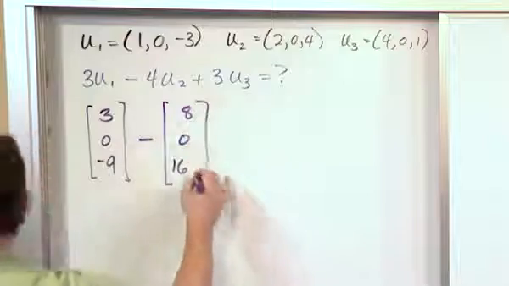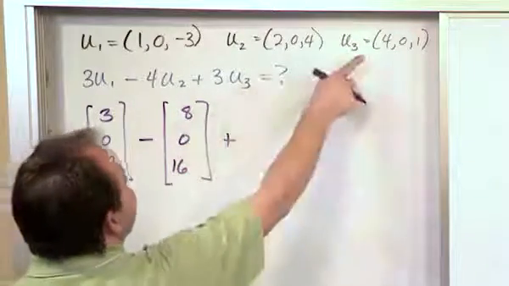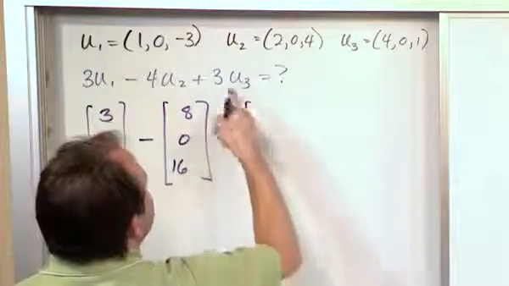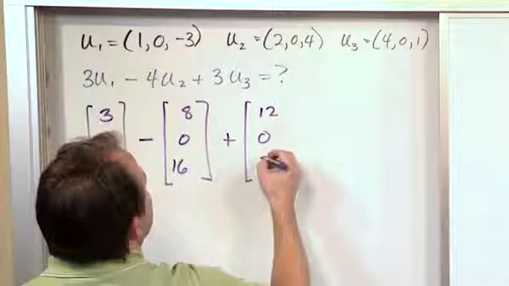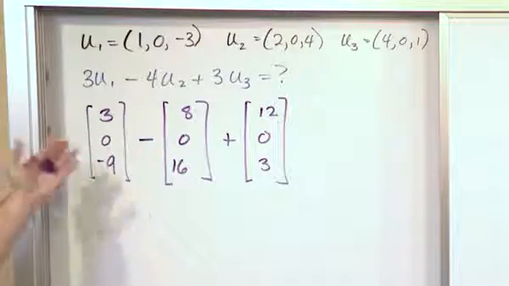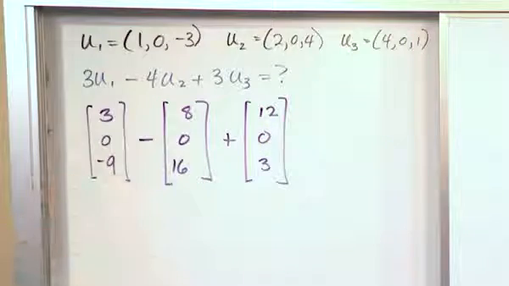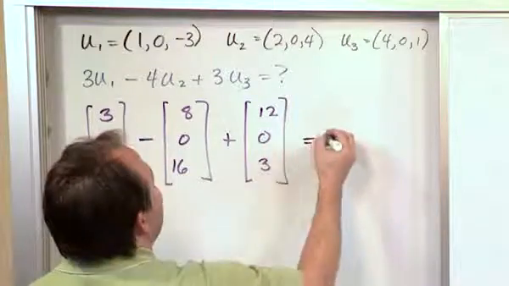Then we add 3 times u3: 3 times 4 is 12, 3 times 0 is 0, 3 times 1 is 3. So here we have three column vectors, three n-tuples essentially, and we're doing addition and subtraction with them. We want to arrive at a final answer.